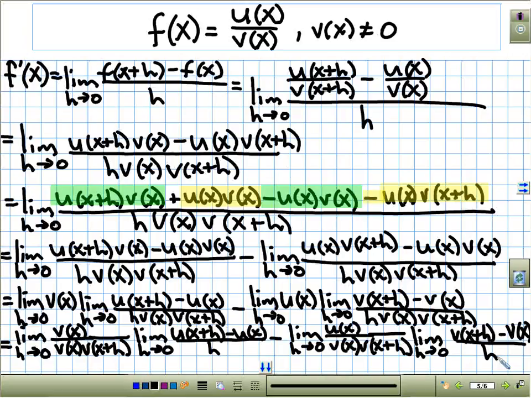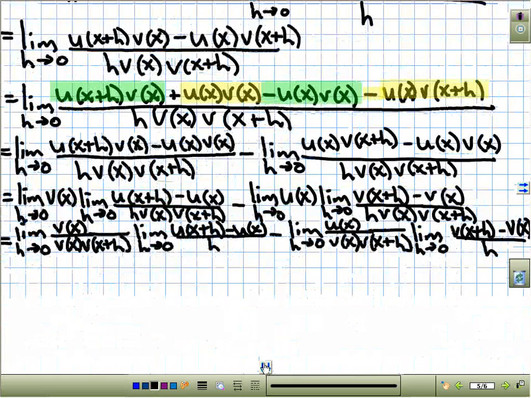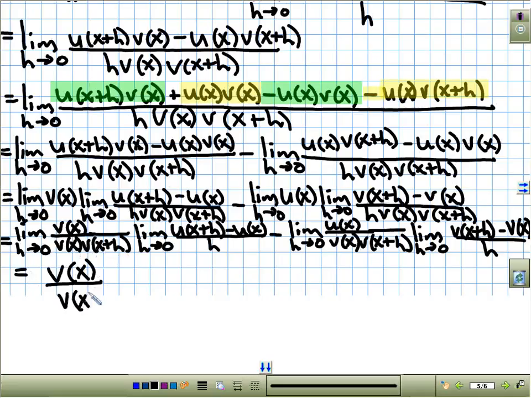Now, let's just take a look at this a minute. Notice that if we look at this first limit, the limit as h goes to 0 gives us this. First of all, the limit of the top, v of x, well, that doesn't have an h in it, so that's just going to be v of x. The bottom, however, if h goes to 0, is just v of x squared.